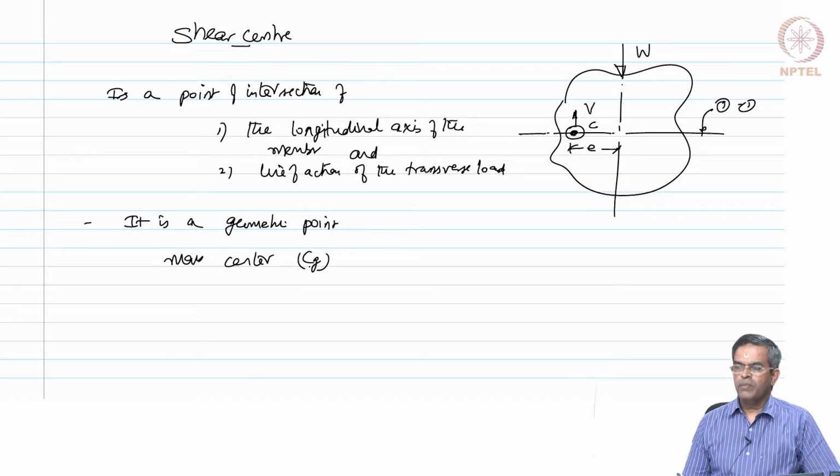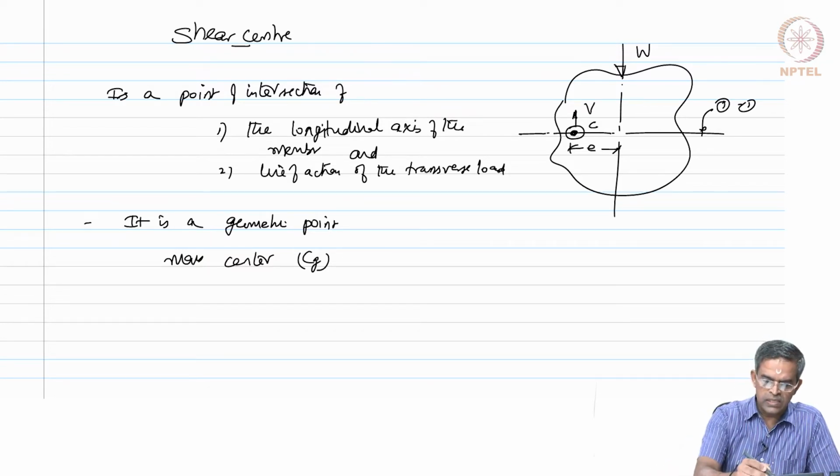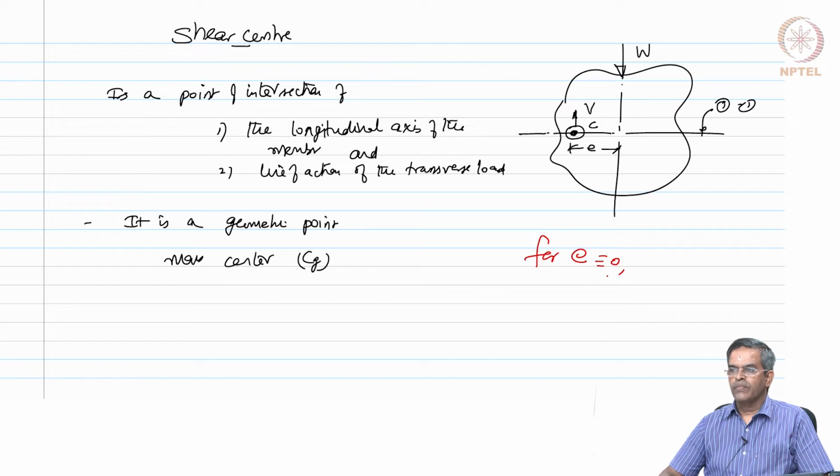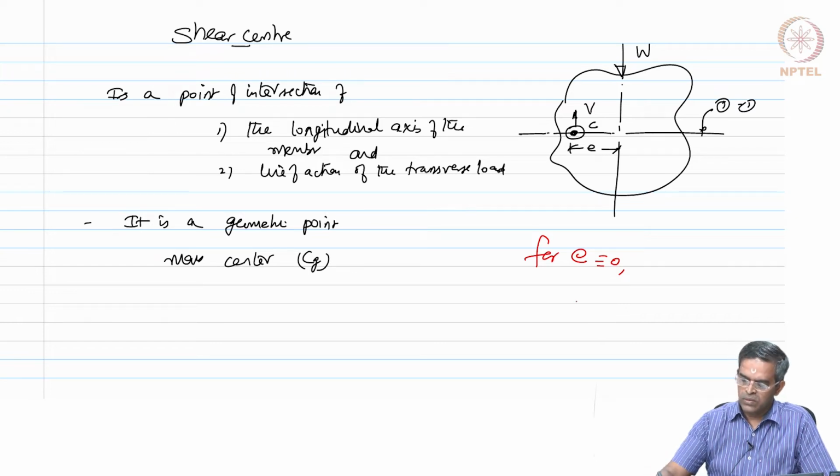If the load does not pass through the shear center, then the section will be subjected to twisting moment. So, we can say straight away here, for E equals 0, no twisting moment.